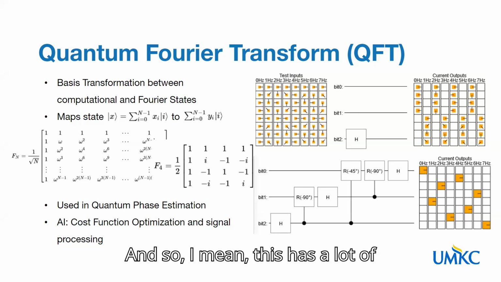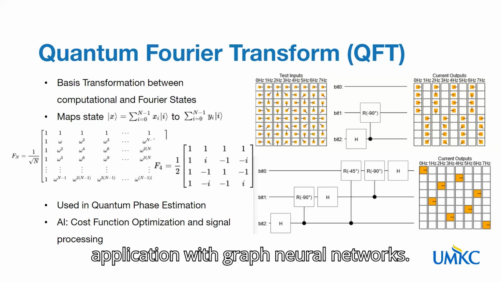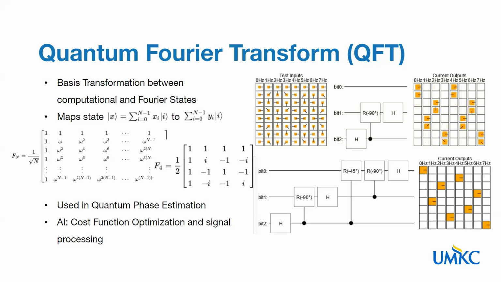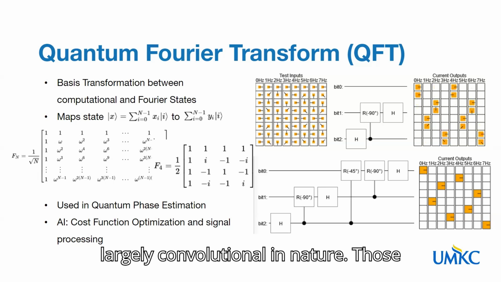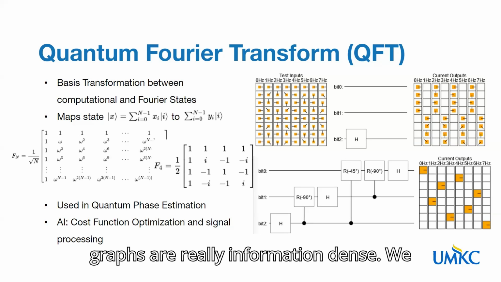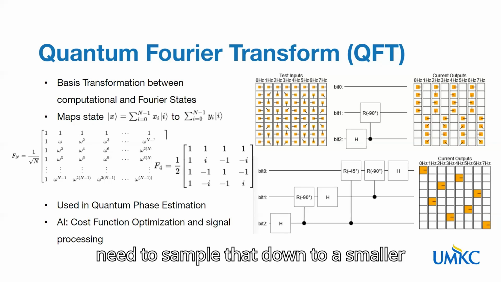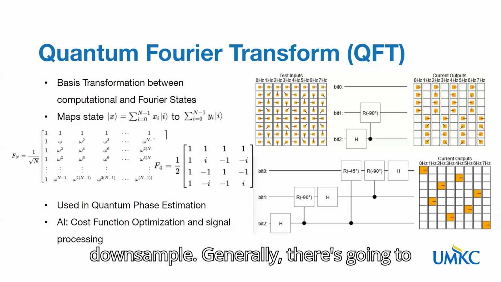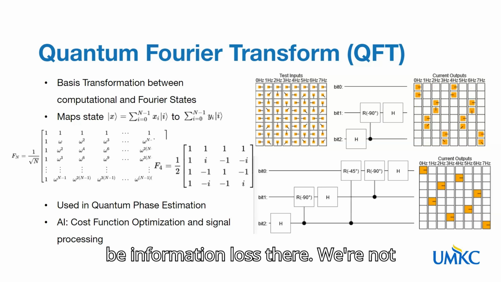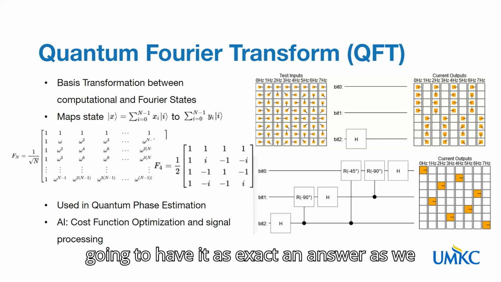And so this has a lot of application with graph neural networks. Right now, our graph neural networks are largely convolutional in nature because graphs are really information dense. We need to sample that down to a smaller size so that we can work on it. Theoretically, we would not want to downsample. Generally, there's going to be information loss there. We're not going to have as exact an answer as we would like.